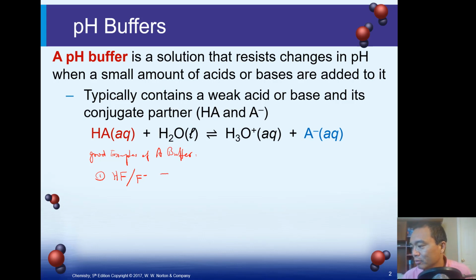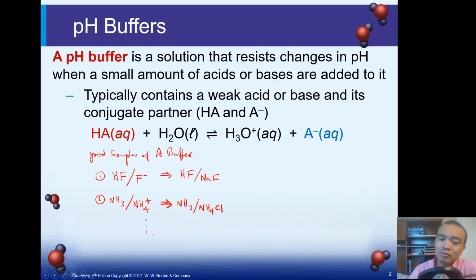In reality though, the anion will be provided in the form of salt, for example, sodium fluoride. For the weak base like ammonia, it can be combined with the corresponding conjugate acid. Similarly, ammonium ion is provided in reality in the form of salt, for example, ammonium chloride, etc.